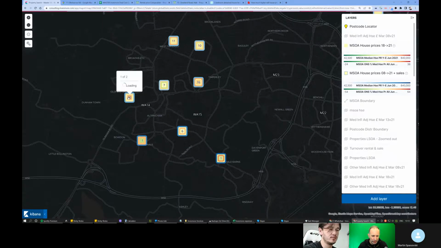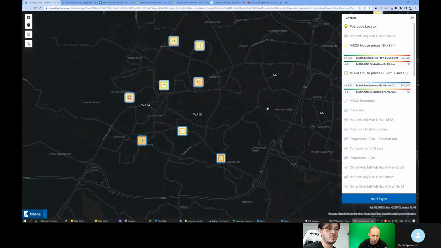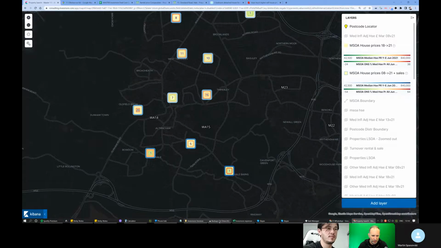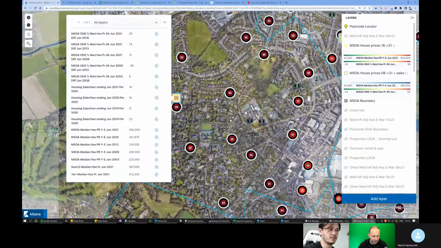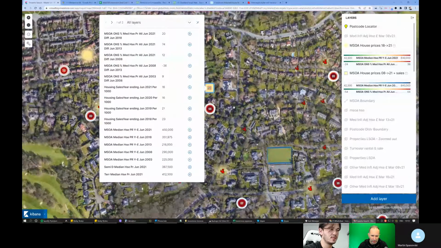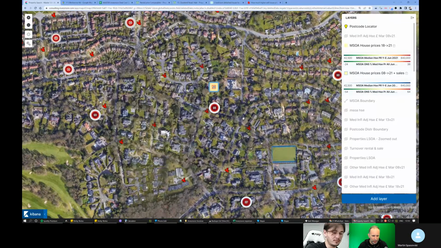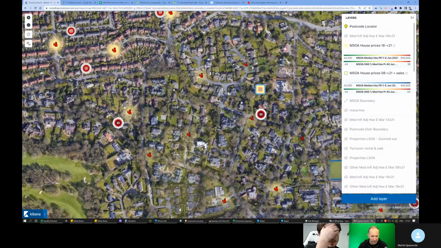And so I think the objective around here is to find standard houses. Okay, what I would be doing around here is looking for median priced houses. So those 350, 400,000 pound houses, not the big mansions, because actually that's not the same market.